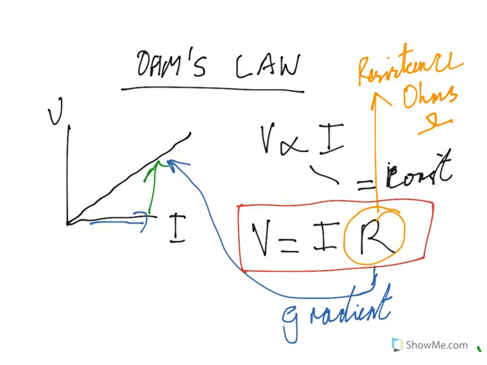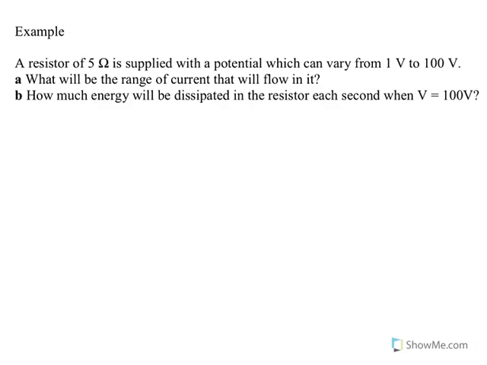Alright, so in your notes there you've got an example. A resistor of 5 ohms is supplied with a potential which can vary from 1 to 100 volts. The question says, what will be the range of the current that will flow in it?